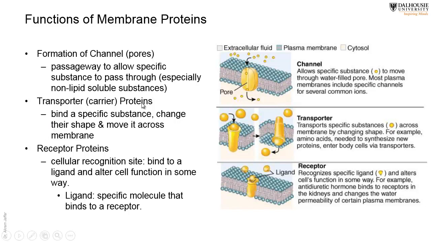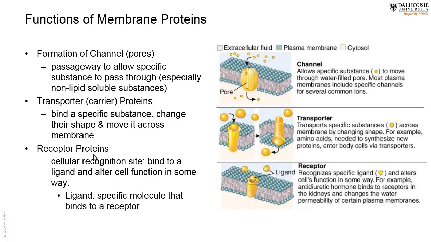Another function of the protein in the cell membrane is that it acts as a transporter protein. Or they may act as receptor proteins. Substances attached to the cell change the function of the cell. These specific substances that attach to the receptors are called ligands, and these receptors are made of proteins.